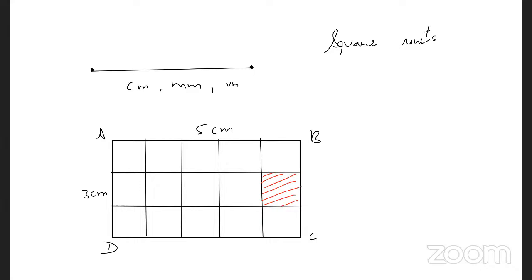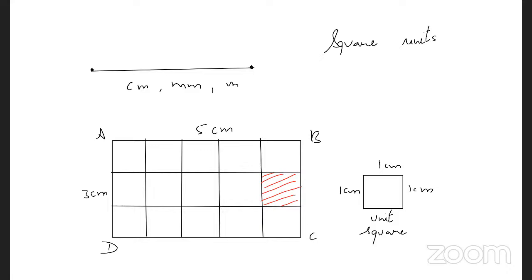So it is a small box. Writing it here, and it has the length and breadth 1 centimeter, 1 centimeter, like this. This is known as unit square.